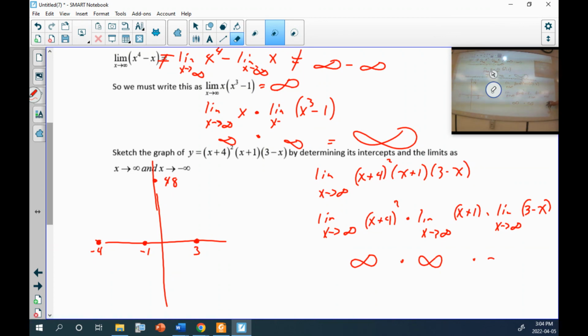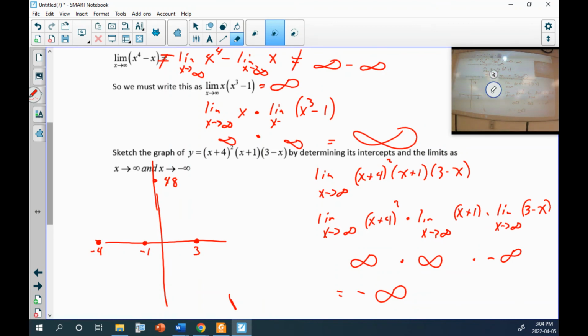I end up with a version of negative infinity. So this works out to be a really big negative infinity. Why? Negative times positive times positive. So we're down here as x gets bigger and bigger.